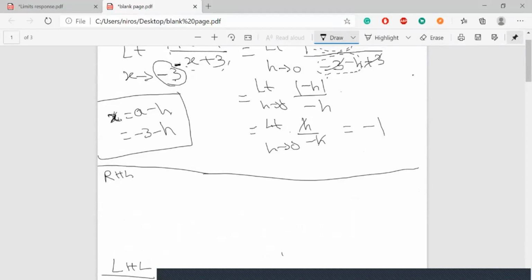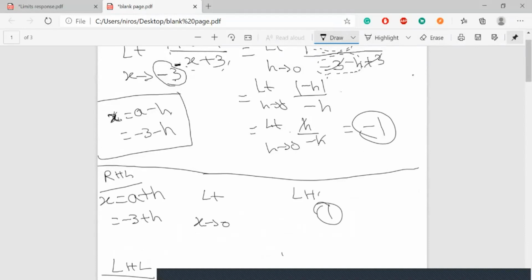That is minus 3 plus h. Then for the right hand limit it will be 1. So here the left hand limit is not equal to the right hand limit. That's why the limit does not exist. This is one method for finding whether the limit exists for a function or not.